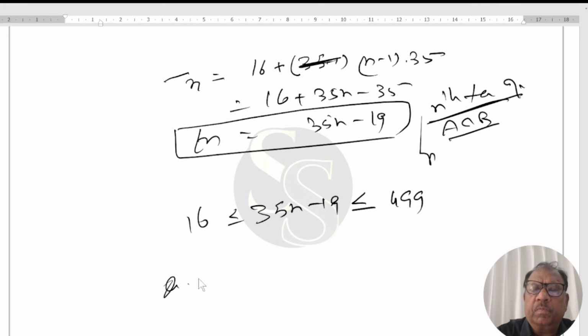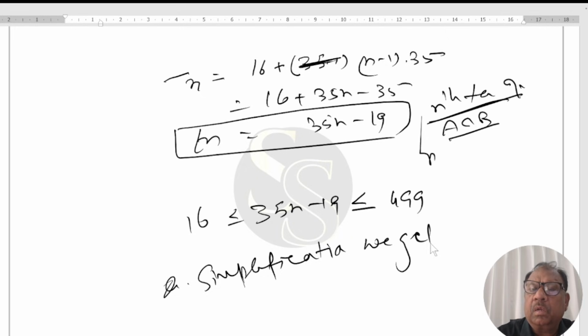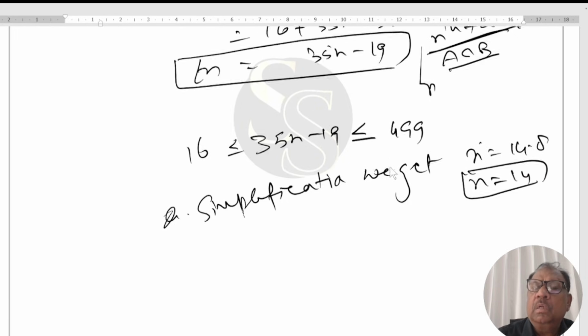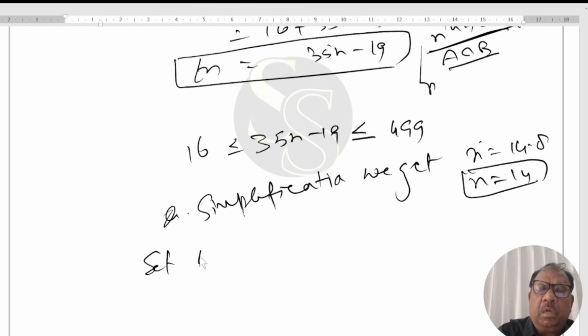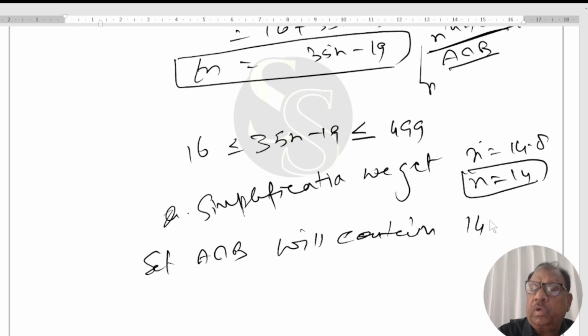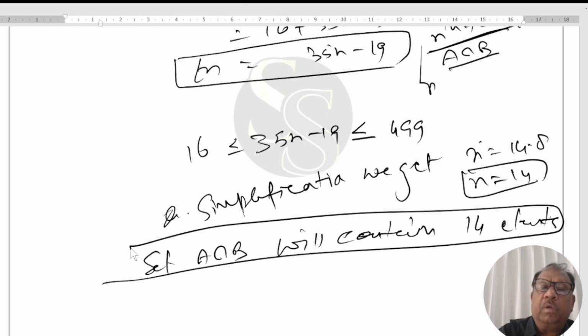On simplification, we get n equal to 14.8, so n equal to 14, which means set A intersection B will contain 14 elements.